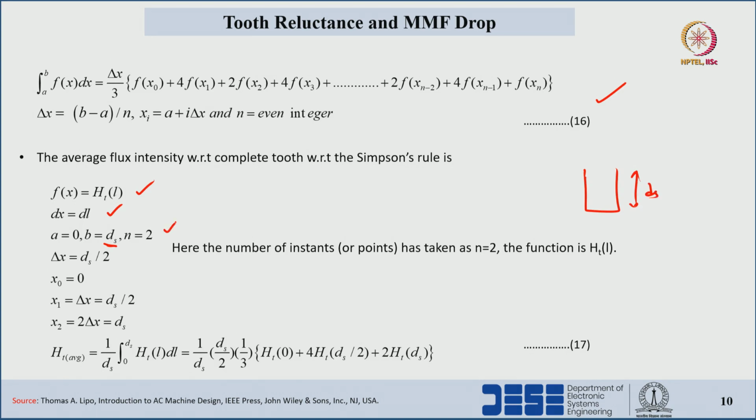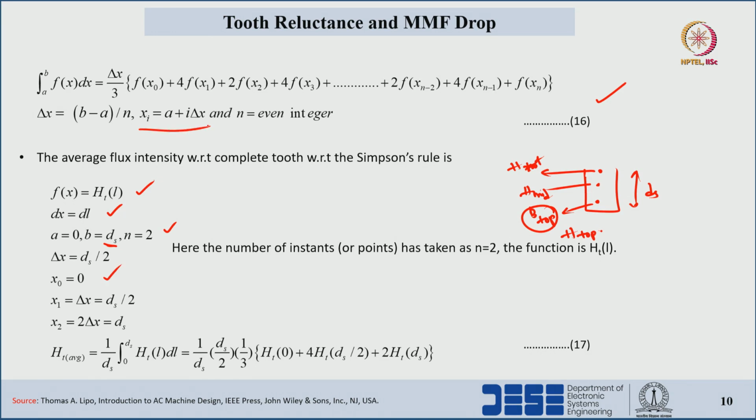We are considering 3 instants: at the bottom, at the h mid, and then h root. This is h top we can consider.